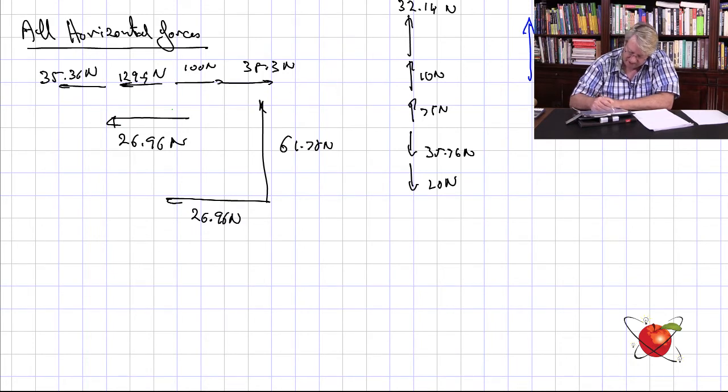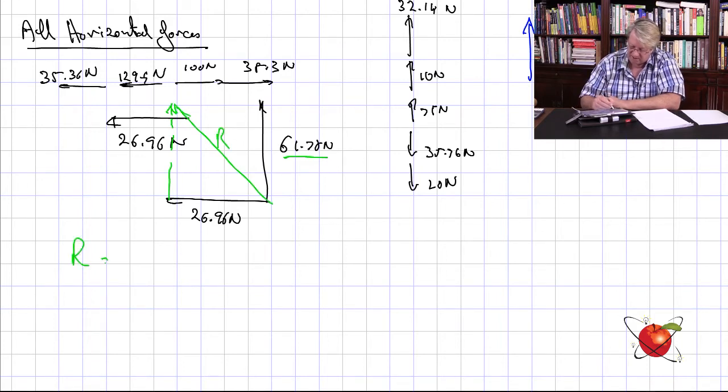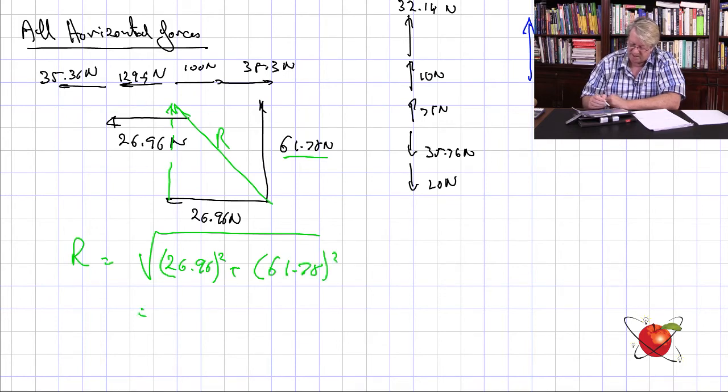Okay, I always say, right, I move this one and I add it nose to tail, so I know my resultant is going that way, and my R is going to be equal to the square root of 26.96 squared plus 61.78 squared, which, if you work it out, comes to 67.4 newtons. Okay?